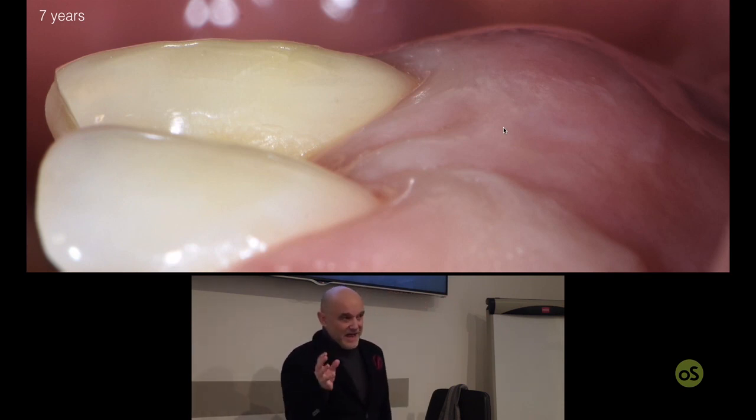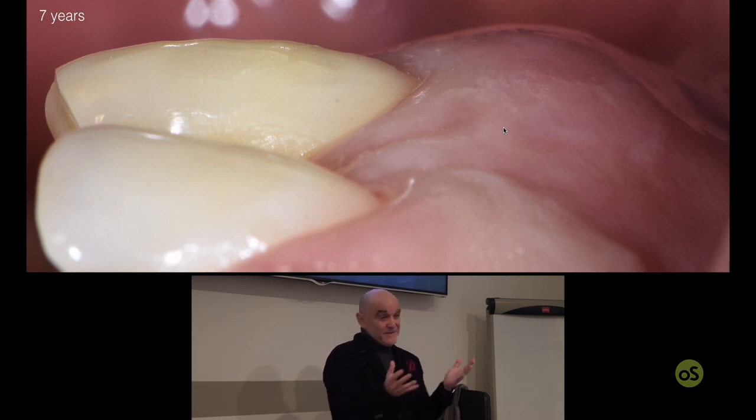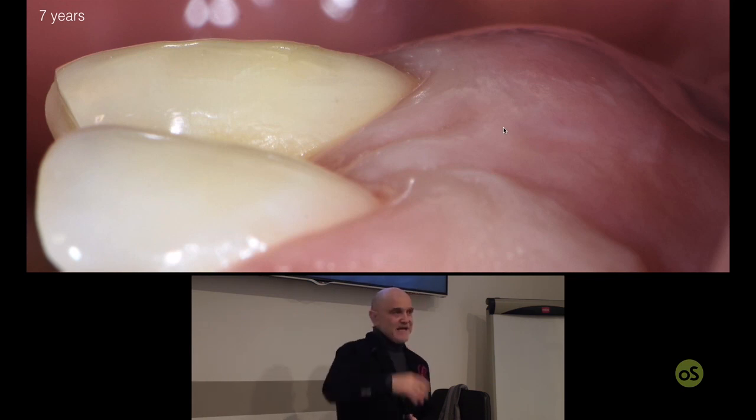And the graft from this environment, where it's very poorly vascularized, is taken to the buccal aspect under a flap made of alveolar mucosa only, extremely vascularized. And in this different environment, the graft continues to increase in thickness even years after the surgery.